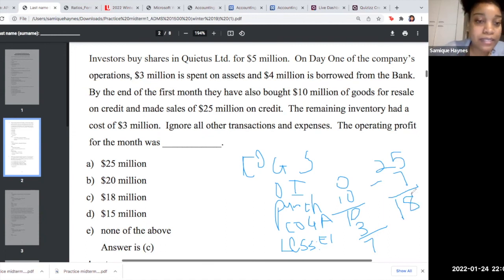Does that make sense? So sales less our cost of goods sold. Okay, people are lost on this. All right.